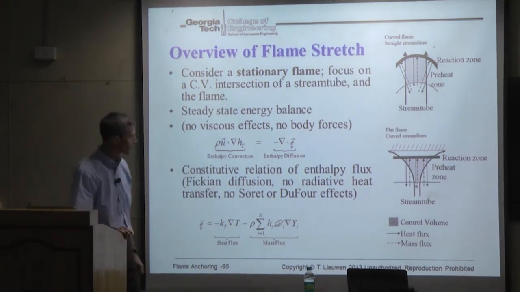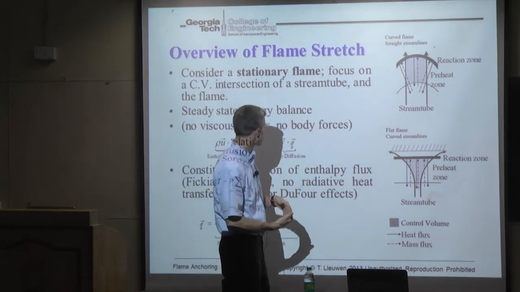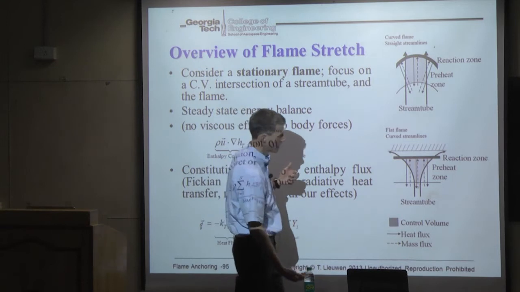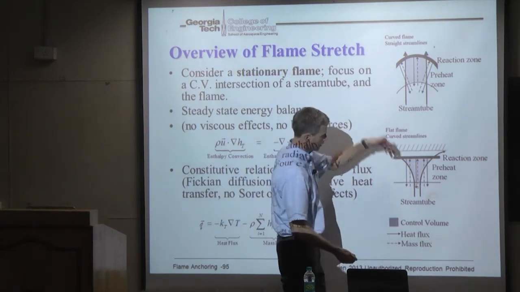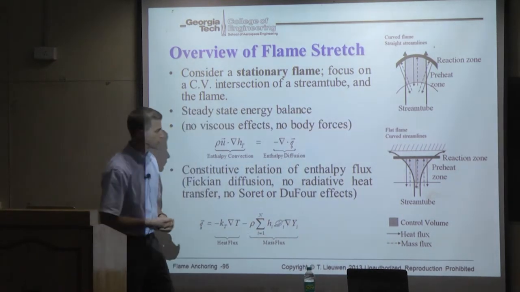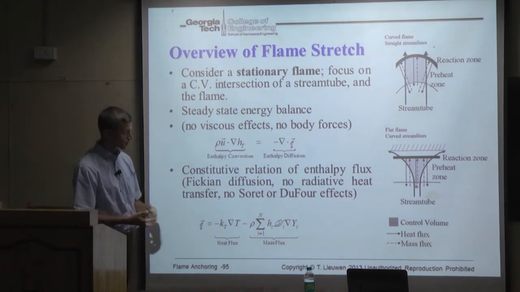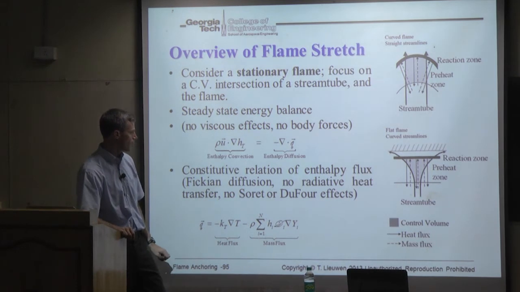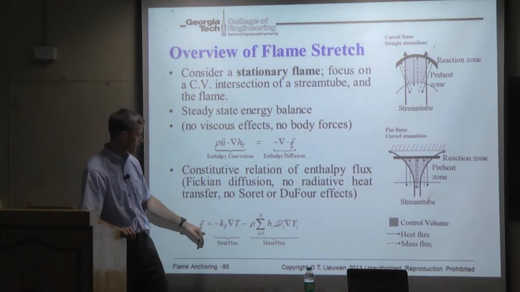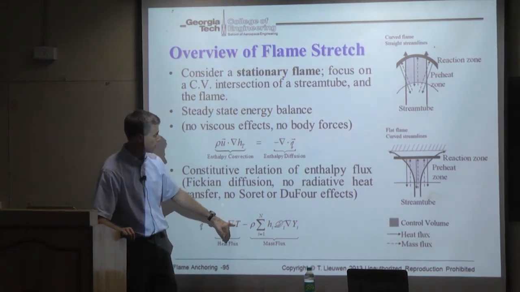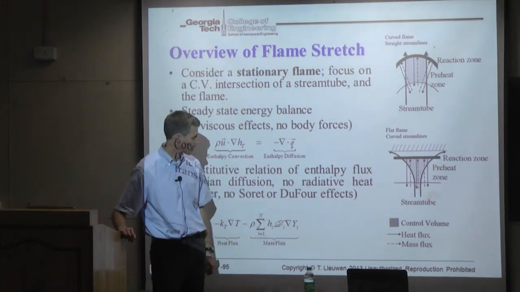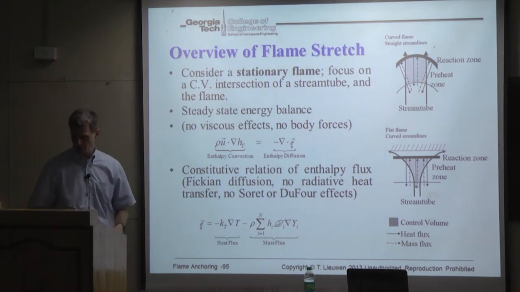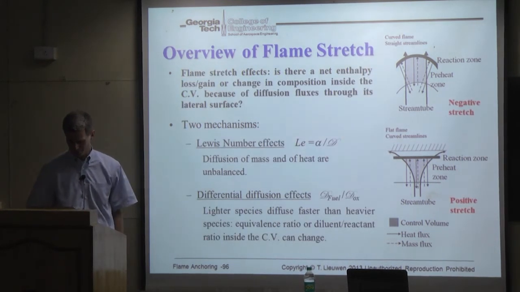And so as we talked about, there's this balance between convective enthalpy flux coming into my control volume and also this diffusive energy flux, and there are two ways in which we can have diffusive enthalpy flux. One is through heat flux through temperature gradients. The other is through chemical energy flux associated with species mass fraction gradients.